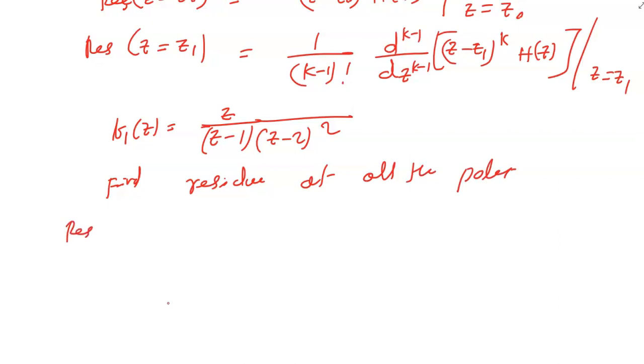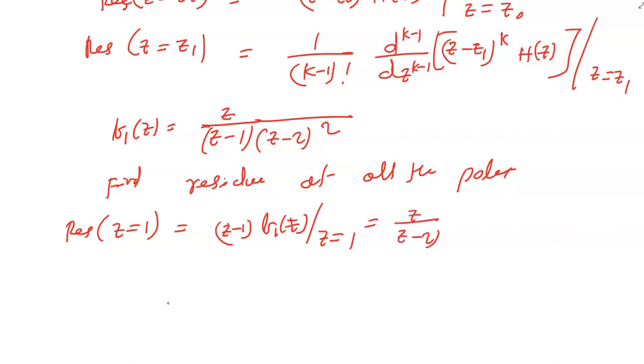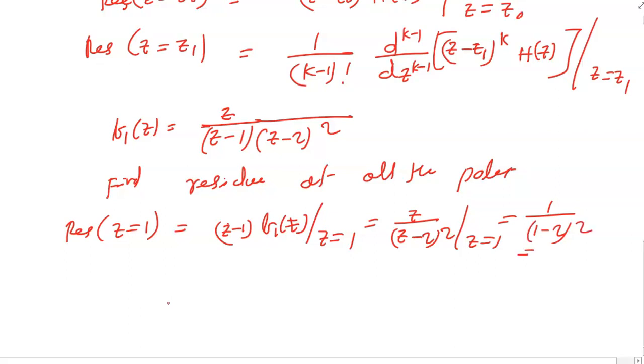So residue at z equal to 1, one pole at z equal to 1, so single pole, so (z minus 1) f1(z) evaluated at z equal to 1, so z upon (z minus 2) square evaluated at z equal to 1, that is 1 upon (1 minus 2) square, that is 1 upon 1, which is 1.